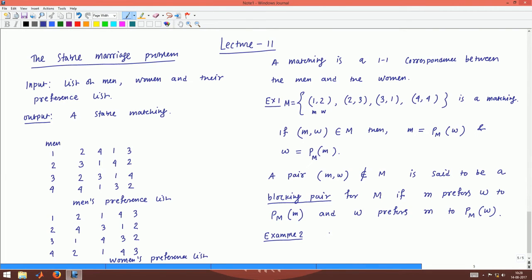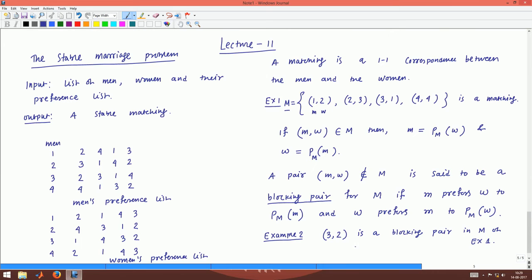Let me just prove that (3, 2) is a blocking pair in M, in example 1.